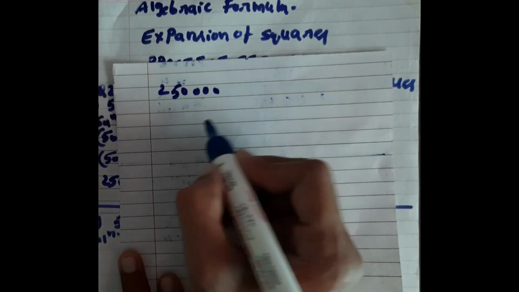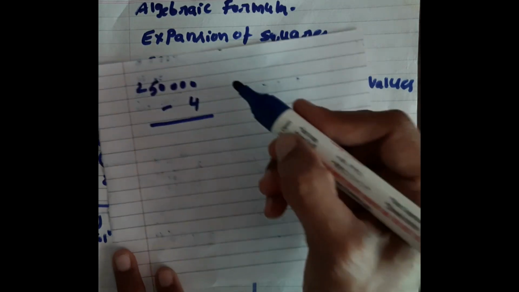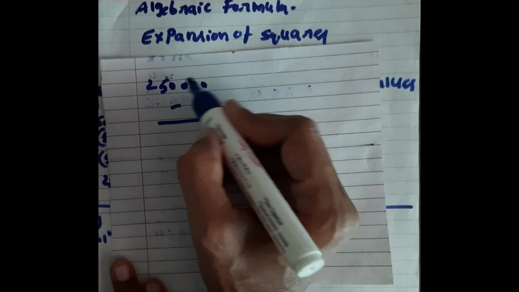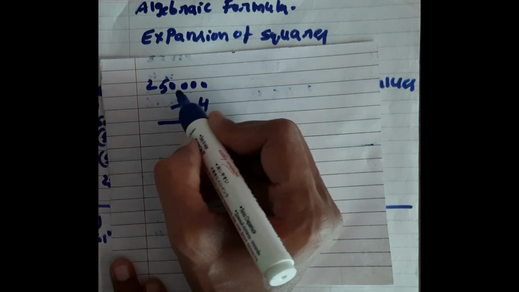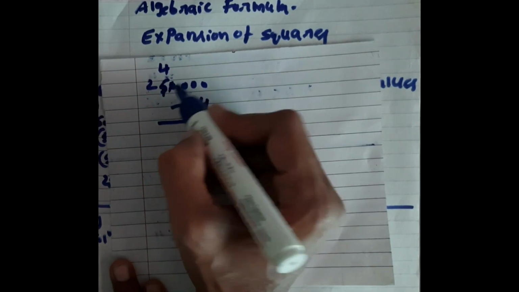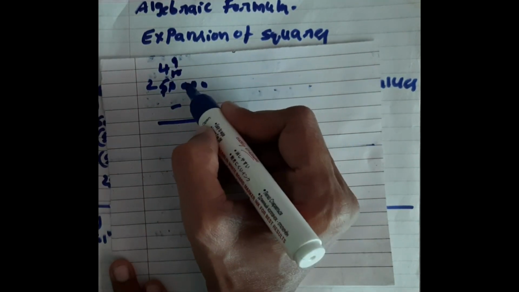2,50,000 minus 4. From 0 we can't subtract 4. So 1 we will take from the next, but here zeros are there, so we will go directly there. 5 becomes 4. This becomes 10. 1 we are giving here, so here it becomes 9.